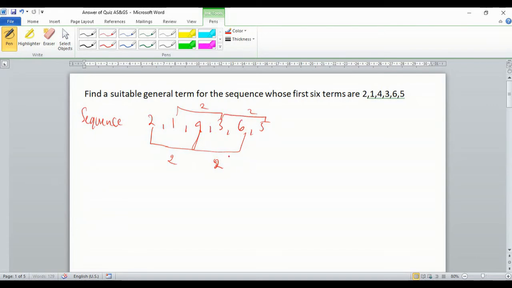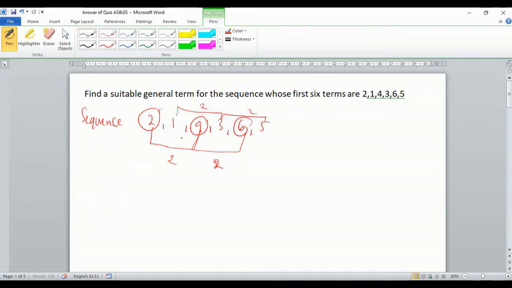Okay, so here we know that sequences have many types, like monotone, piecewise, recursive, and all of them, so we need to apply them. From here we have the same 2, 4, 6.